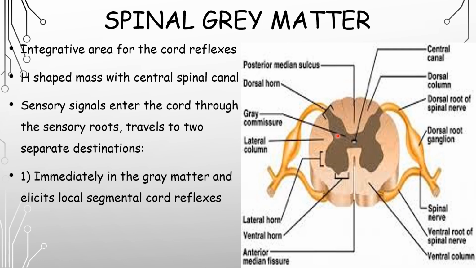One is immediately in the gray matter, and elicits the local segmental reflex, the spinal reflex. The other transmits the signals to the higher centers for further assessment of the signal.